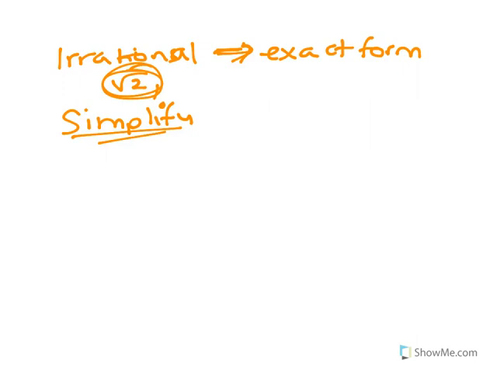So say you needed to simplify root 8. What you do is find the square number that goes into 8. If you think about that, 4 times 2 is 8, and the square number is 4.